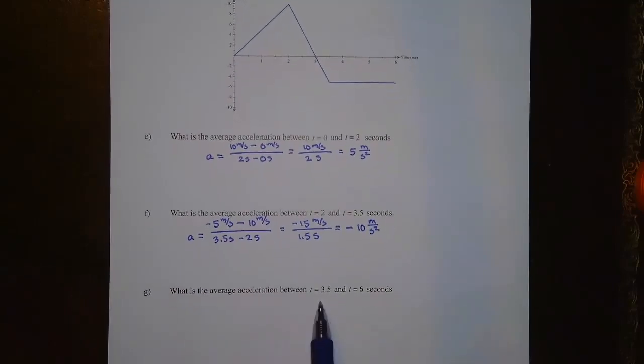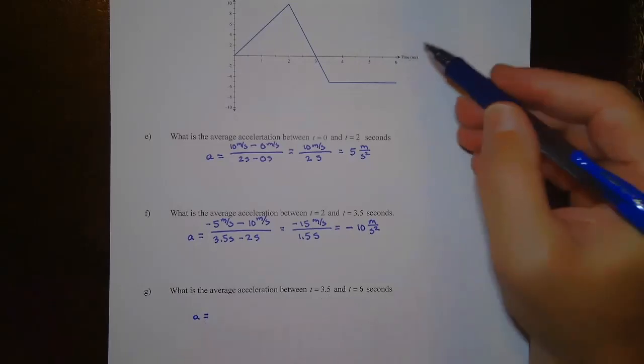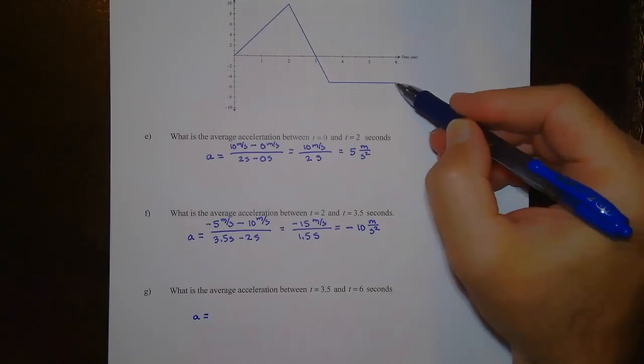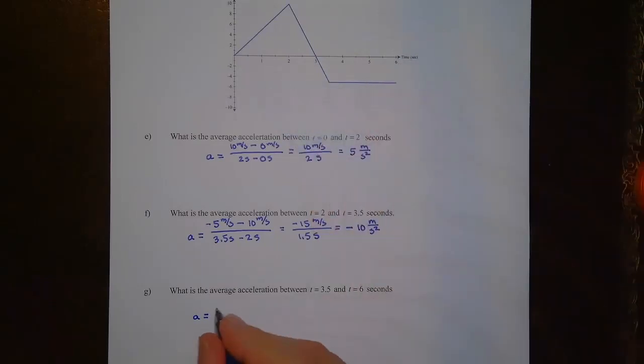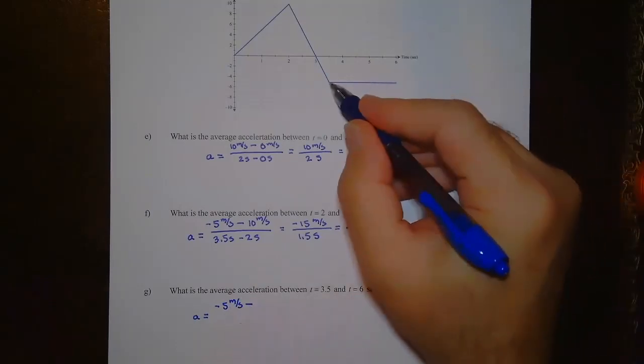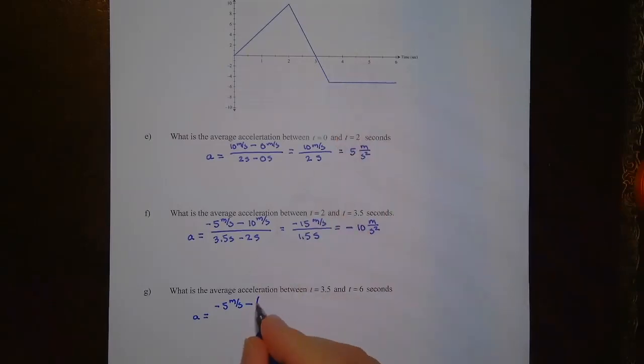for the acceleration between 3.5 and 6 seconds, okay? So the acceleration would equal, at the end of 6 seconds, we are at -5 meters per second, minus what was the starting velocity, which was also -5 meters per second.